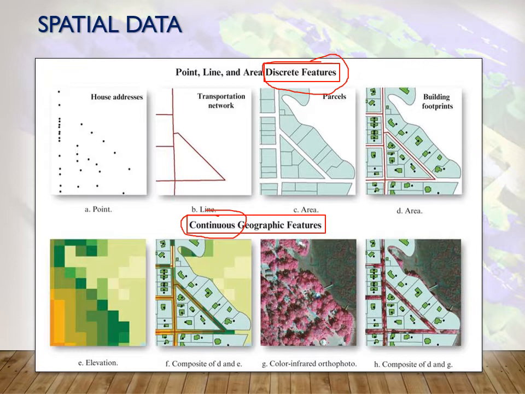Well, over the oceans it would have a zero value. You could have a satellite image which has pixels at every location that is covered by its spatial extent.